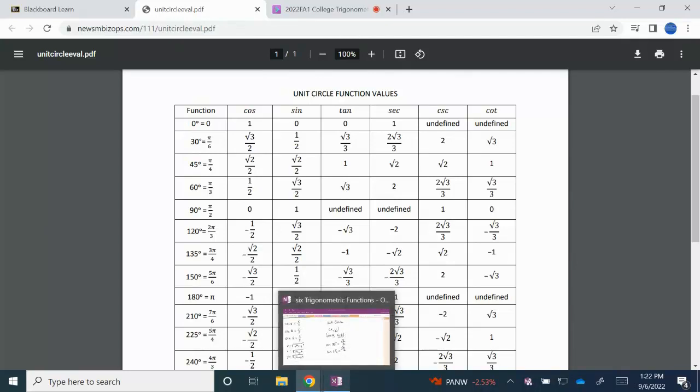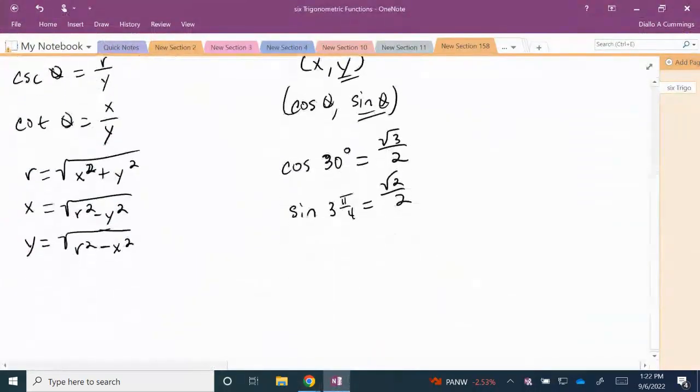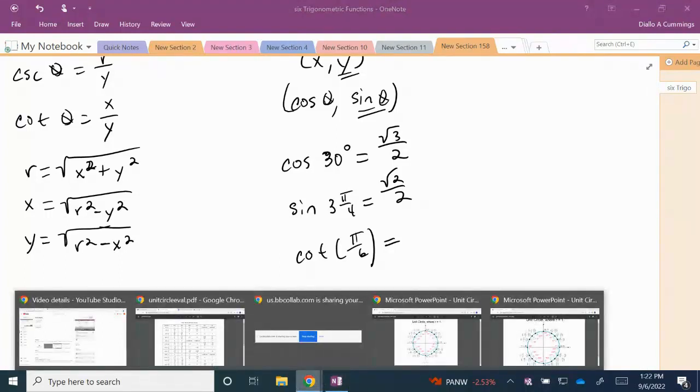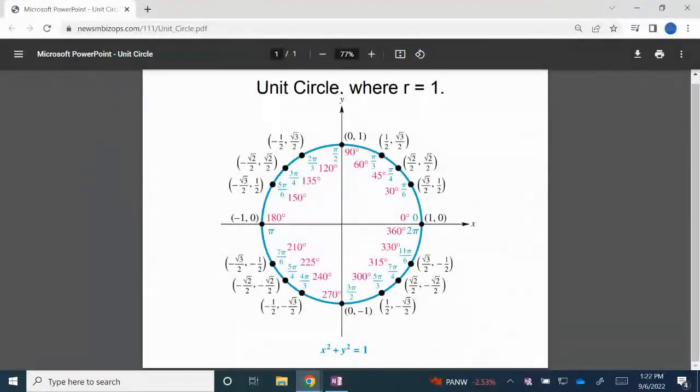We could also use this chart to find, let's say, the cotangent of pi over 6. Now, just one thing about the unit circle, the only values in the unit circle are sine and cosine.